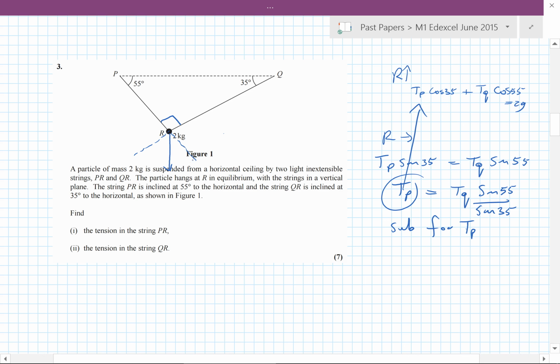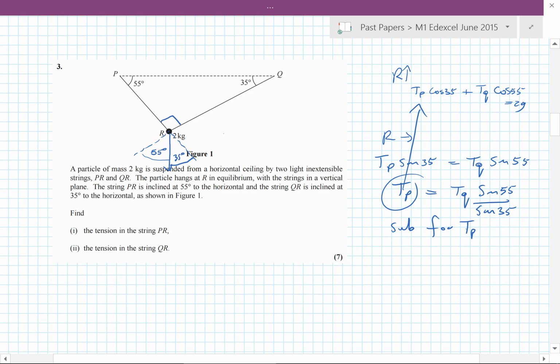If we look at the angles, obviously this is a right angle here. We've got an angle of 55 here, so that's 35. So this angle is also 55 degrees there. You can play with the angles to justify that to yourself. And then this angle here must be 35 degrees.